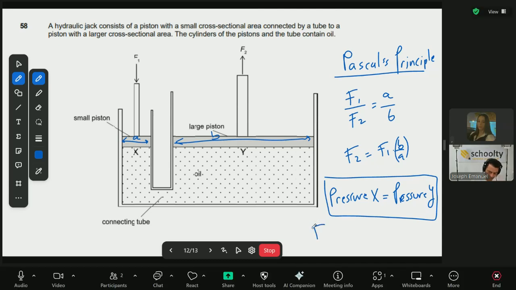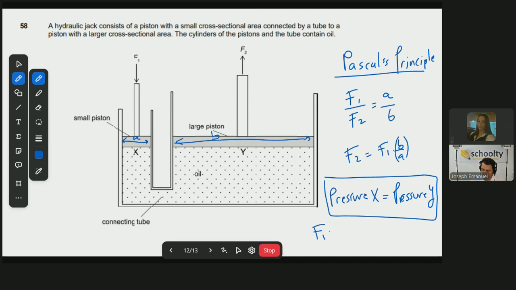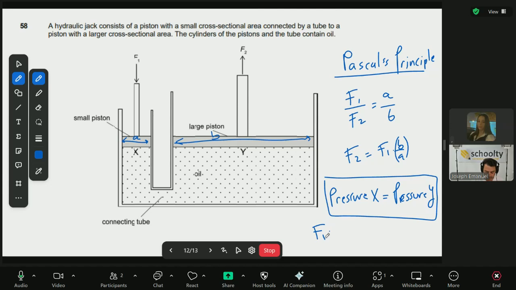So like F1 multiplied by A. One second. So the definition of pressure is how much force pushed, divided by area. So it's equal. So from here we had the previous conclusion.